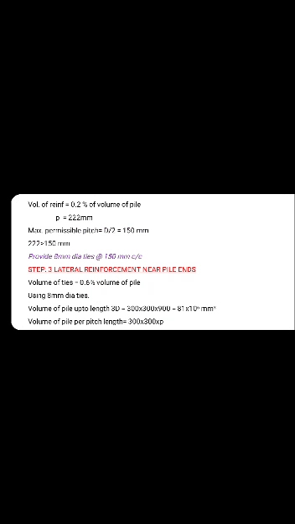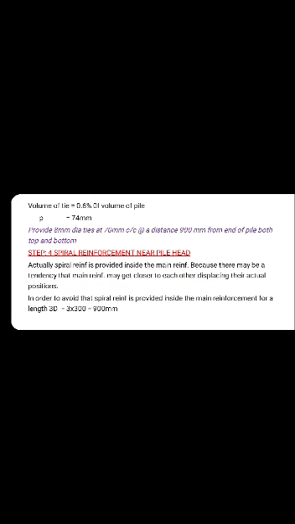Volume of pile per pitch length is equal to 300 into 300 into p. Therefore volume of tie is equal to 0.6% of volume of pile. When equating it, we will get p is equal to 74 mm. Therefore provide 8 mm dia ties at 70 mm center to center at a distance of 3D, that means 900 mm from end of pile, both top and bottom.